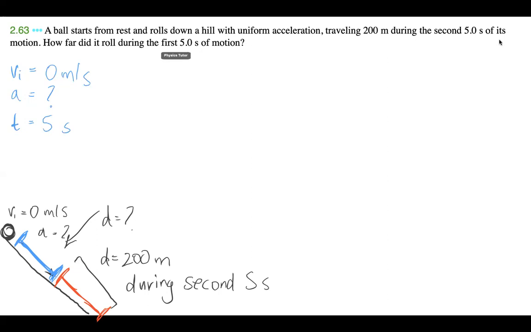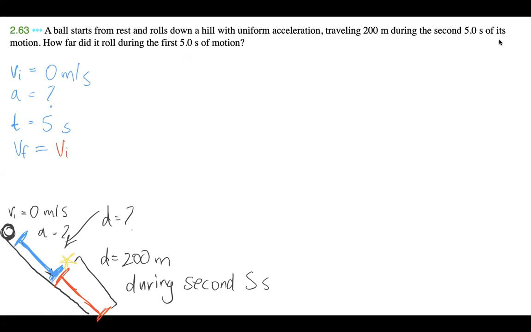And then our Vf, our final speed right over here, is going to be the same as our initial speed for red, Vi red.